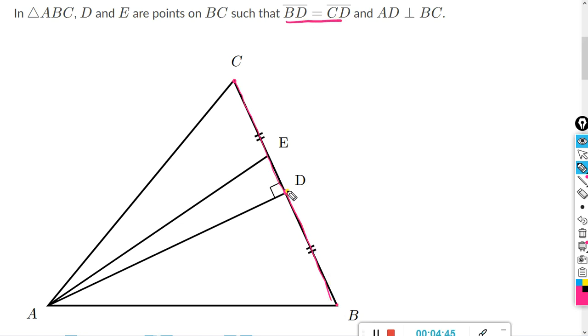That means D is a midpoint. We said it a minute ago. If it goes from the vertex to the midpoint, that is a median. So this segment AD is a median.